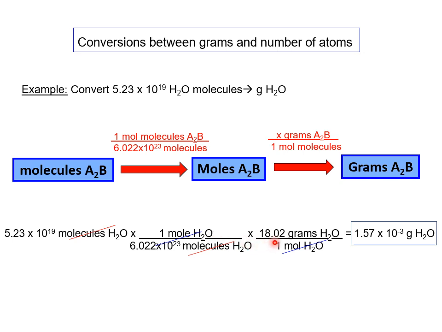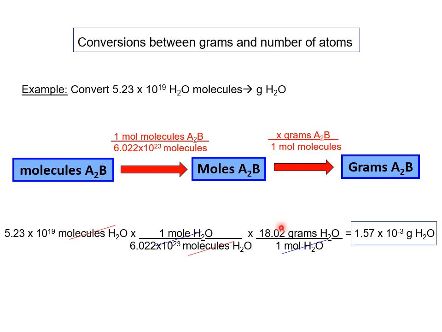Where do I get this 18.02 grams from? From the periodic table. Each hydrogen from the table has a mass of 1.01 grams. There's 2 of them, that's 2.02 grams, plus oxygen is 16.00. When we add the 2 hydrogens and the oxygen together, we get 18.02. So water has a molar mass of 18.02 grams for every 1 mole.